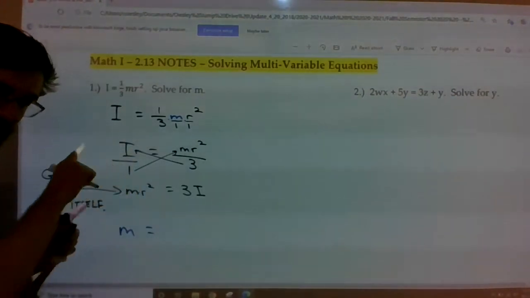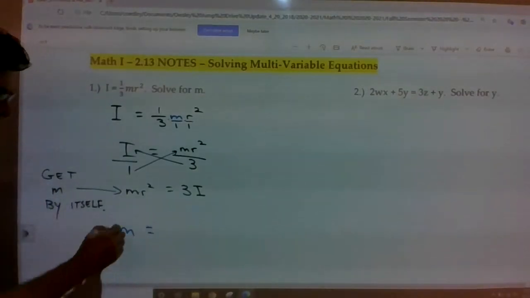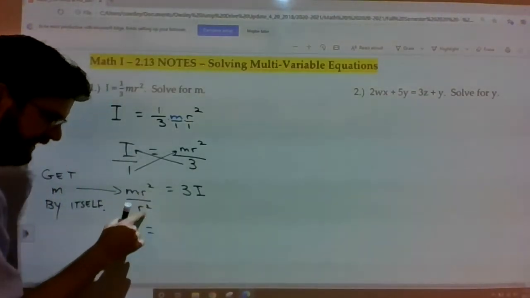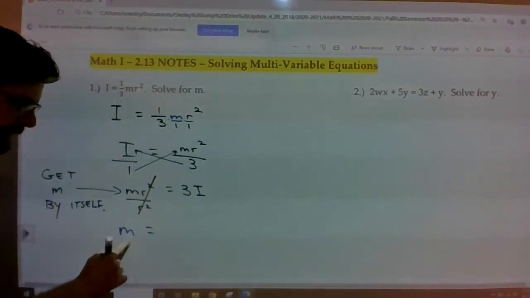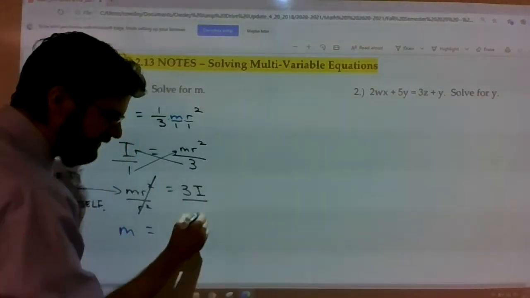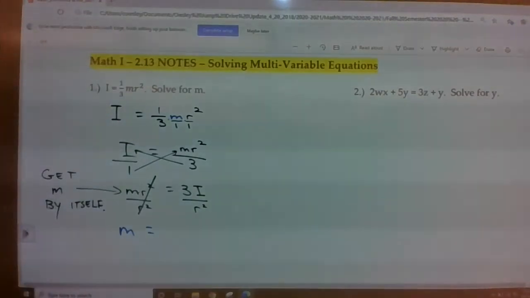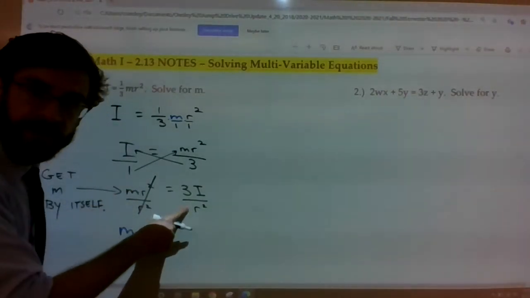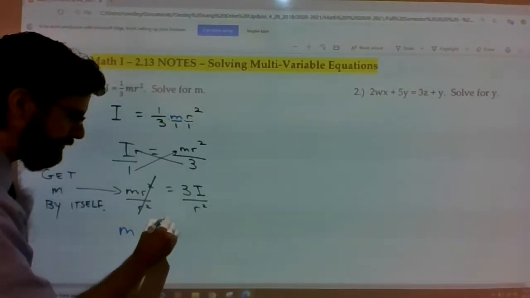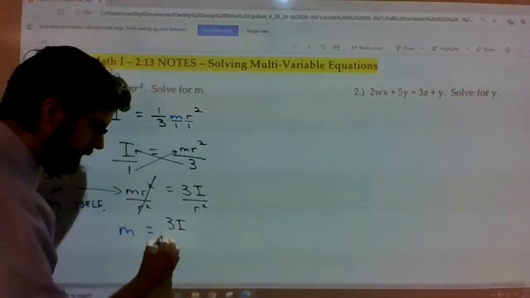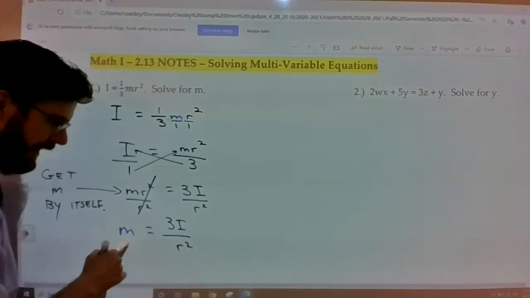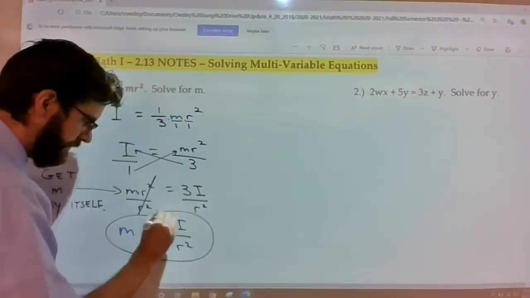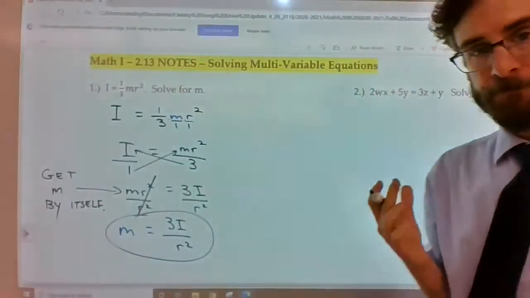To get rid of it or move it to the other side, I have to divide by r squared. R squared divided by r squared gets m by itself. So I got to divide the other side by r squared. At this point, we're done. We can't simplify it any further. So m equals 3 times I divided by r squared. And that's your answer.